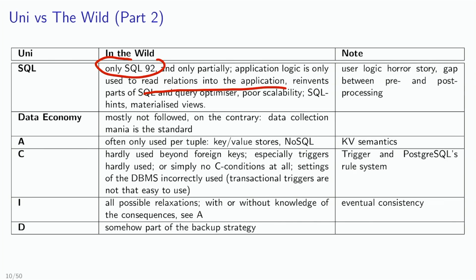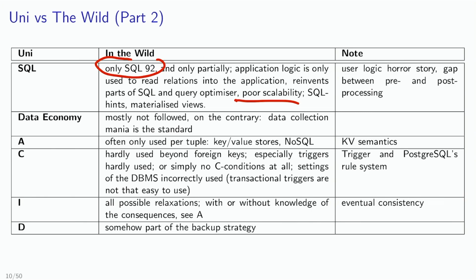In the Django world, that would mean you read a couple of tuples into your Python program and then do data processing there, even though that could have been done by the database in the first place. It often has to do with people not understanding that certain functionality is available, and that's a problem. It also reinvents parts of SQL and the query optimizer, which is in the way of scaling and so forth.